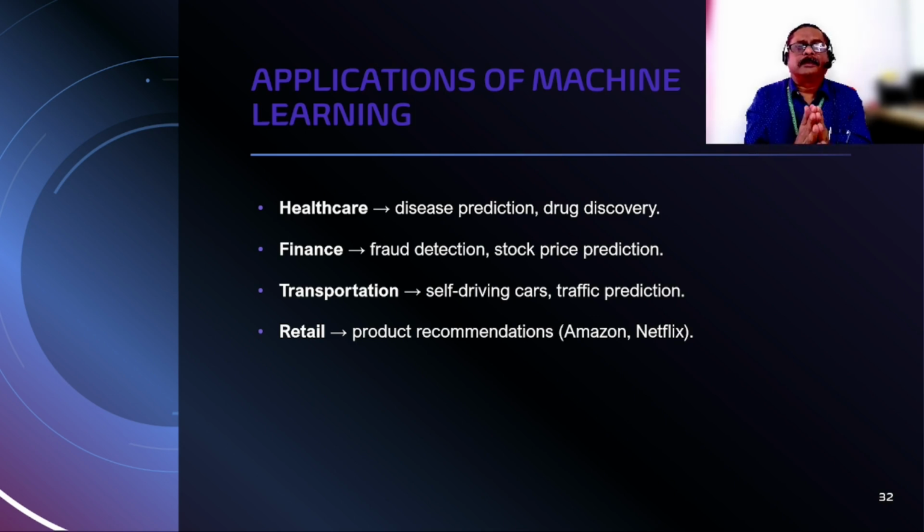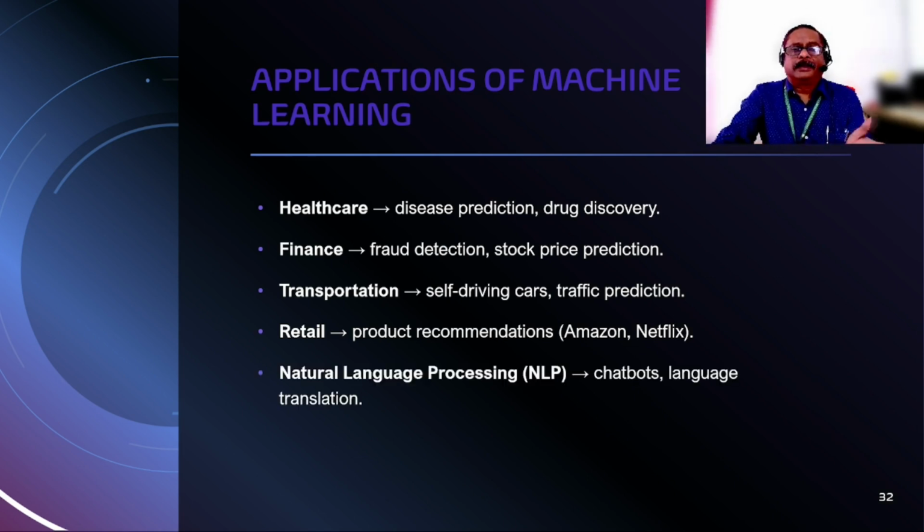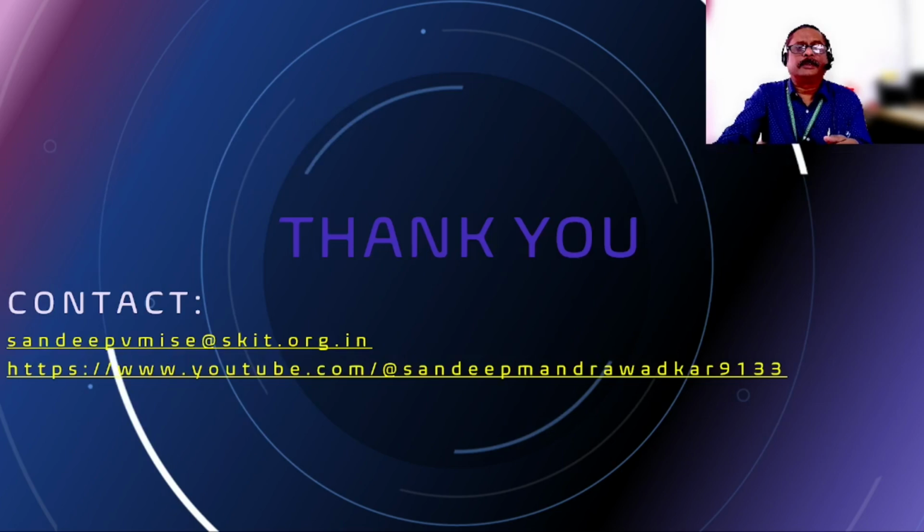We can't predict human behavior directly, but we can dump all the input available about a human's past behavior onto the machine and ask it to learn that behavior and then suggest the next move of that human, what product that person may want to buy today, or what movie a person wants to see today. That all depends on mood, past, and all that. Just looking at that, we can recommend it. In natural language, chatbots and language translation, everything is possible only because of machine learning.